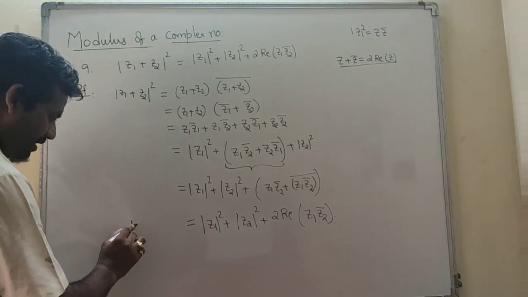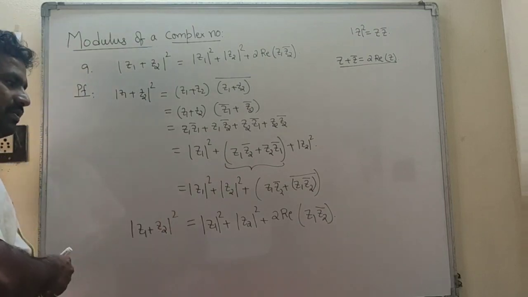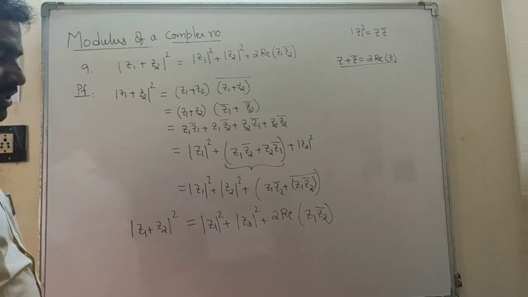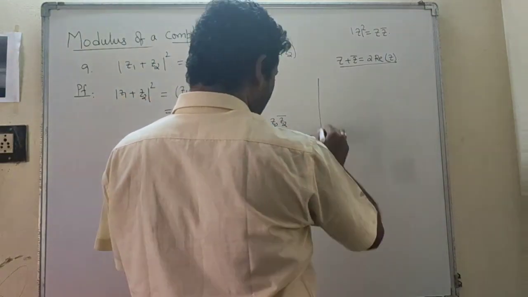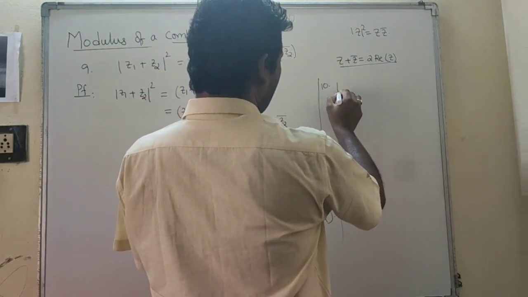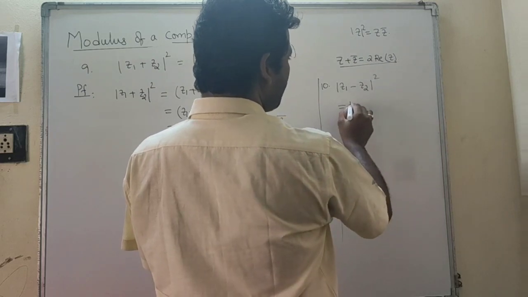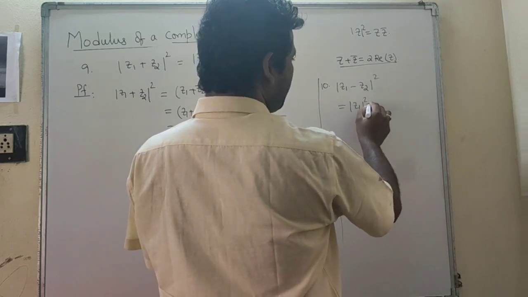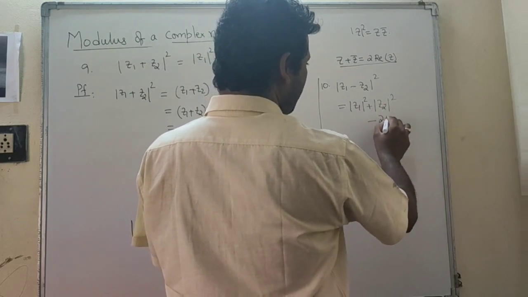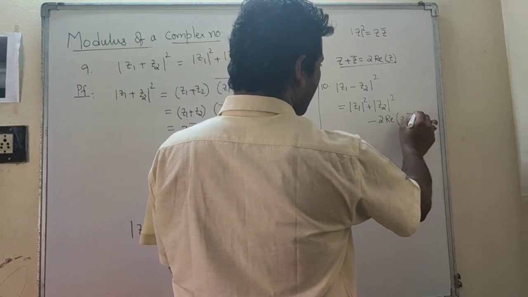So mod of z1 plus z2 whole square equals mod z1 square plus mod z2 square plus twice real part of z1 z2 bar. Right? Similarly, we can write the property mod of z1 minus z2 whole square equals mod z1 square plus mod z2 square minus twice real part of z1 z2 bar.